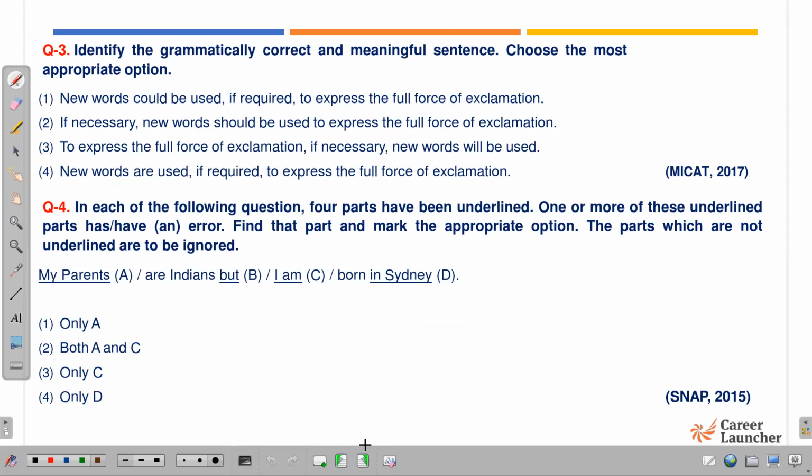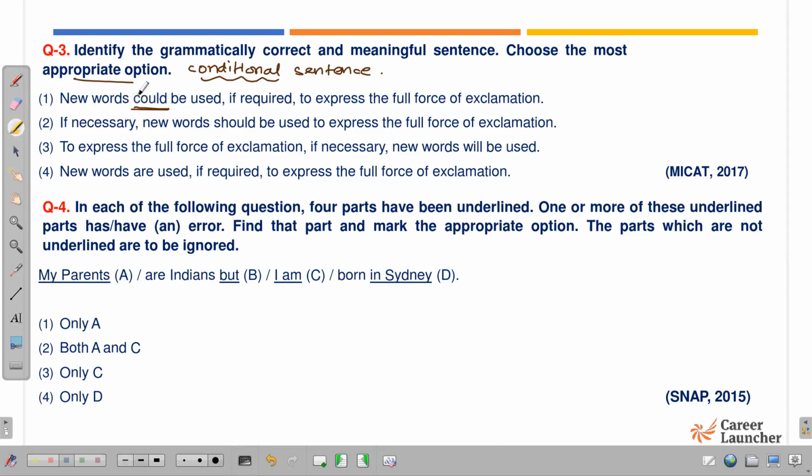Then next one, new words. We have to use the most appropriate, the correct one. New words could be used if required. So this is actually a conditional sentence. So we have to form the condition perfectly.